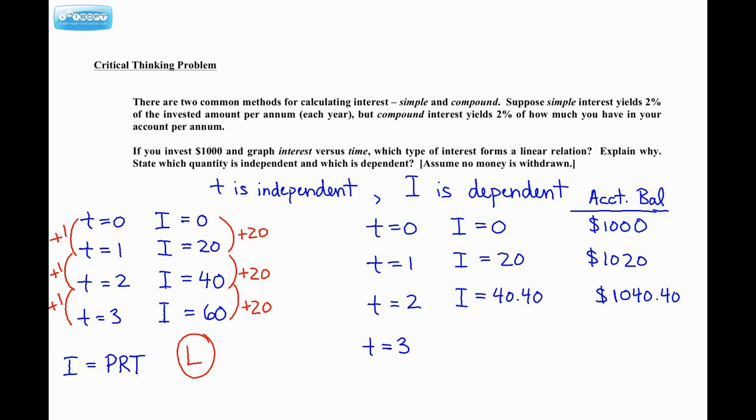So from year 2 to year 3, that's 1 year, how much interest do we earn? Well, again, it's always 2% of the account balance. So 2% of $1,040.40 is $20.808.